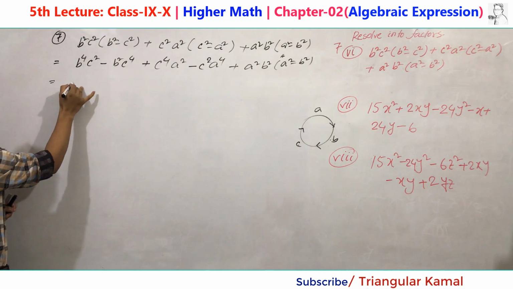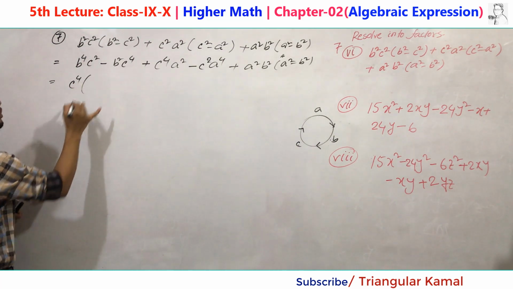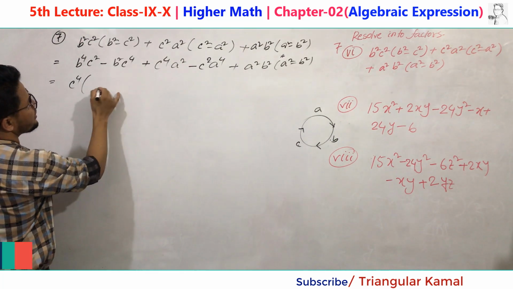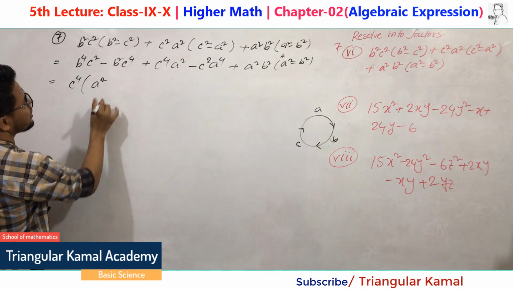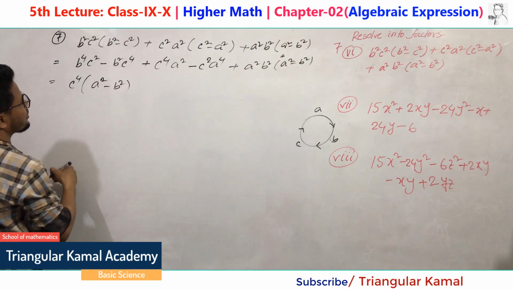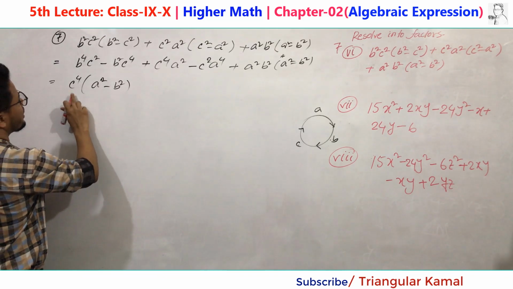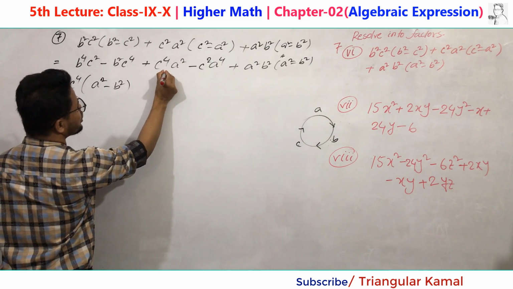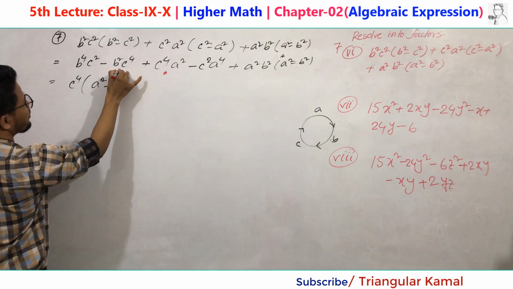Okay, if we take c to the power 4 common, and c to the power 4 common, we see here a square minus b square. Just underline this one. c to the power 4 multiplied with a square, and minus c to the power 4 multiplied with b square.